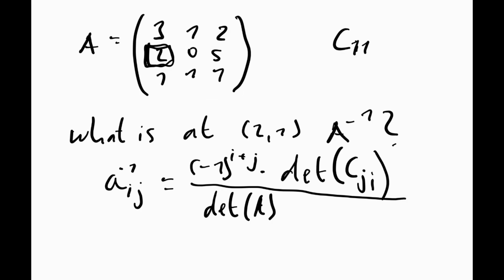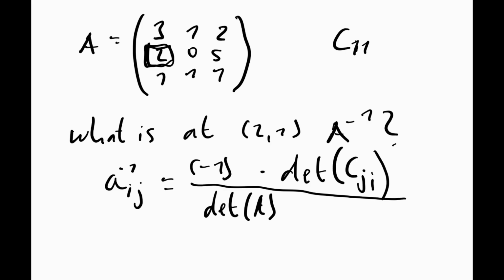So in this example, let's make it concrete. We want the coordinate 2, 1, second row, first column. So we have 2 plus 1 here. All this reduces to -1 to the third, times the determinant of CJI.